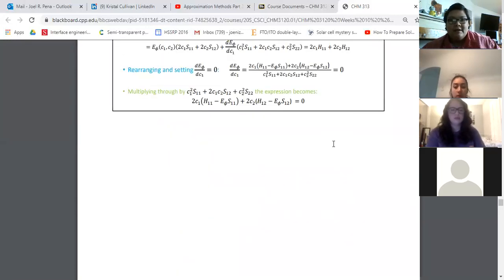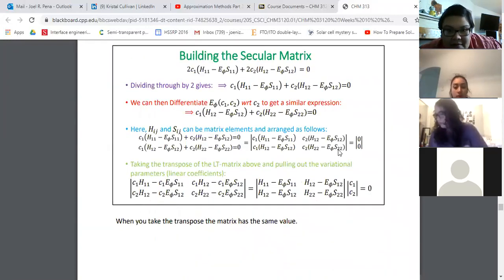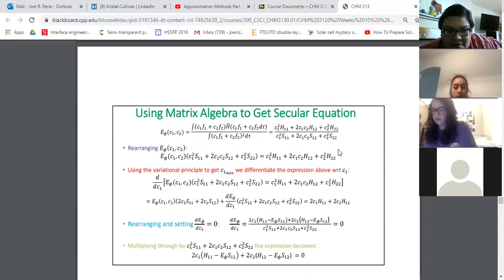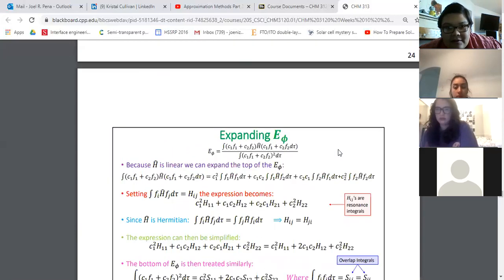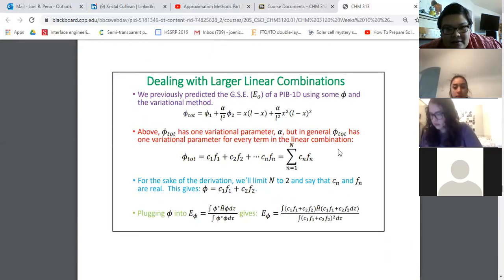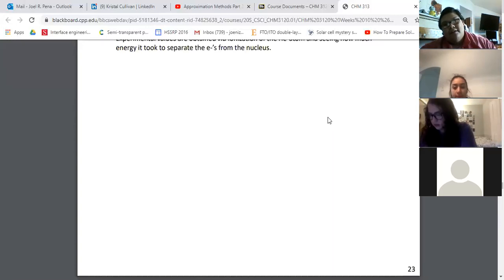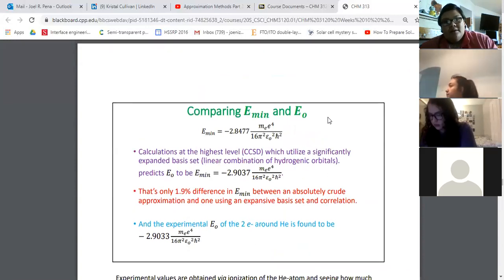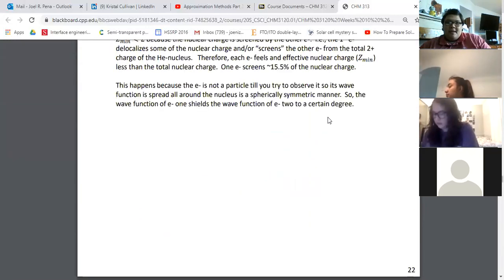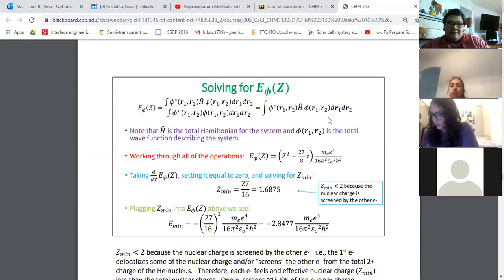I really did get lost when he was going through that stuff, because he just sort of said, make everything a linear combination, and then it just works out for finding the total. I was just getting really confused. I think this is the slide where I got confused, because after this I was just lost.